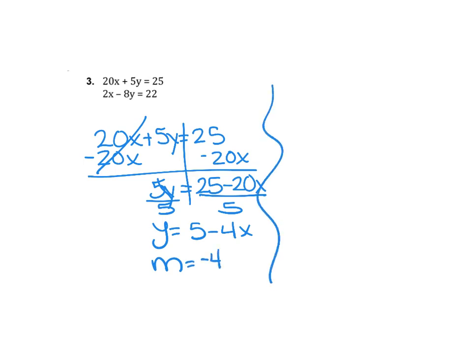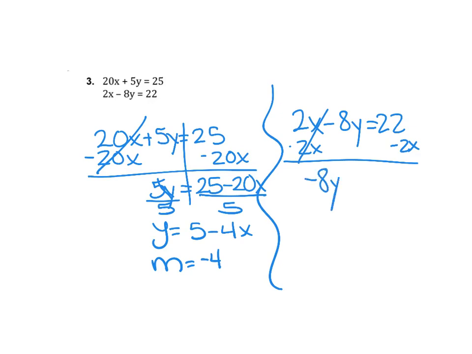All right, so let's do one over here. We have the 2x minus 8y is equal to 22, minus a 2x, -8y is equal to 22 minus 2x. Let's divide by -8.